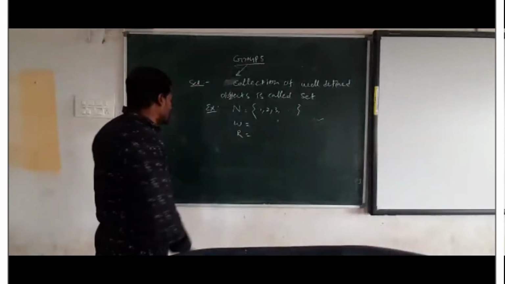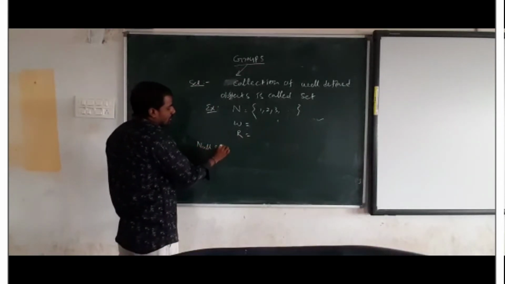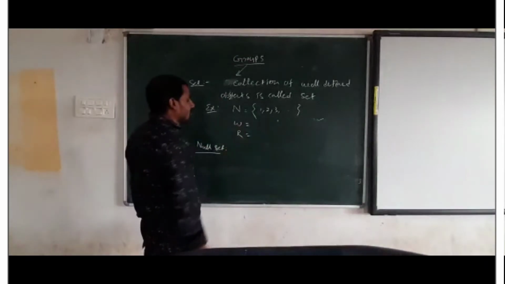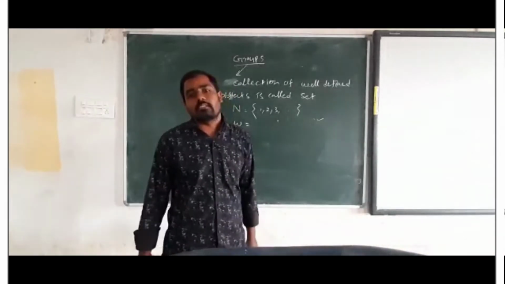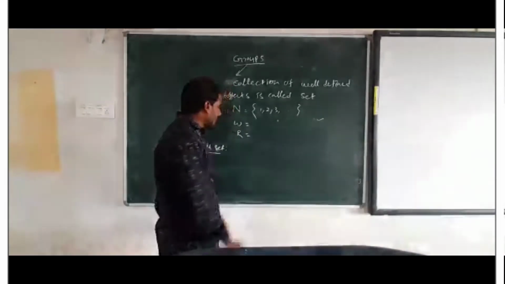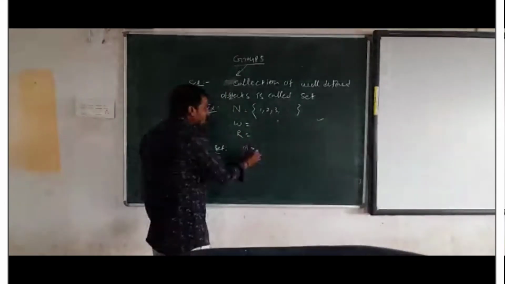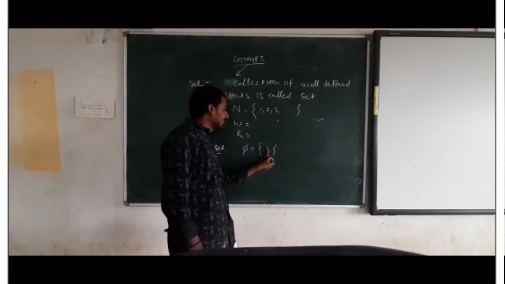Okay, next one, null set. Next definition is null set. A null set means a set with no objects. It is denoted by phi. Phi equals a set with no elements in it.